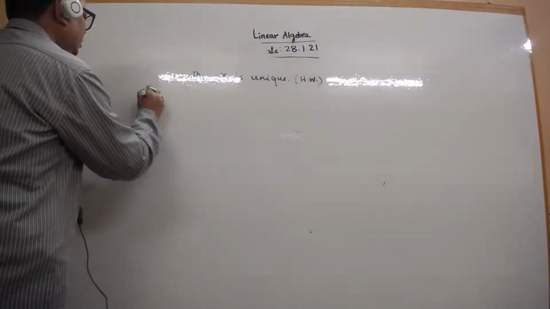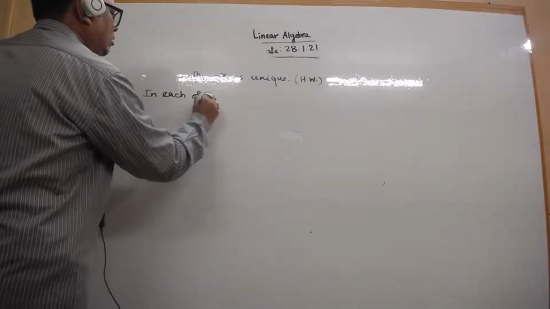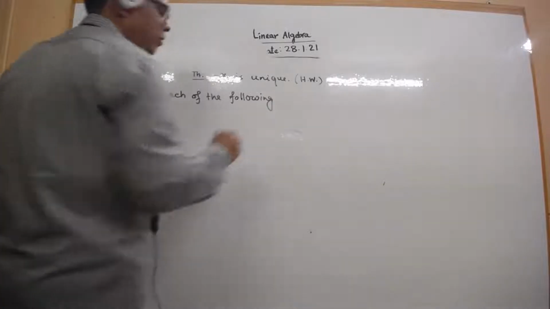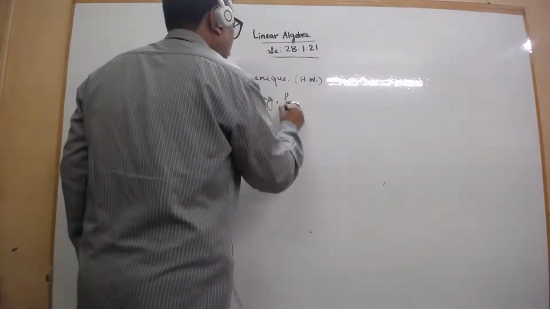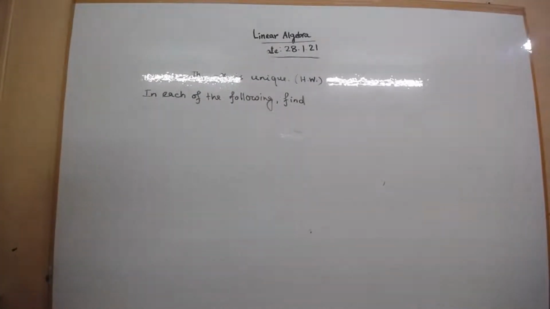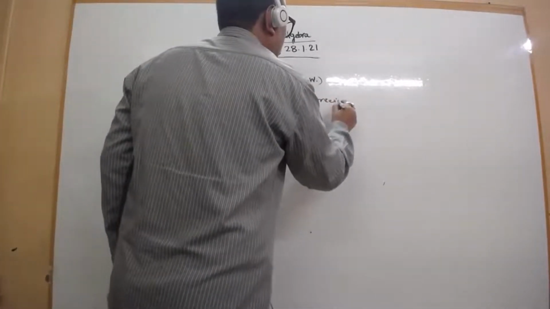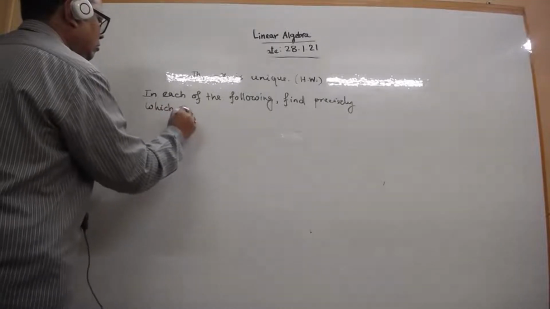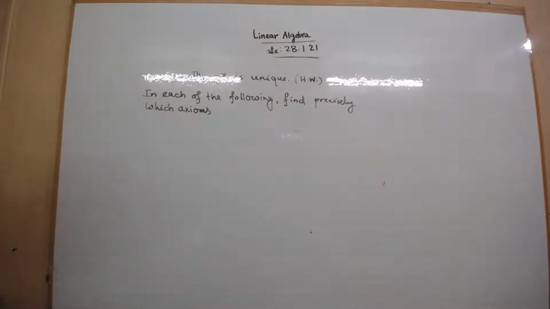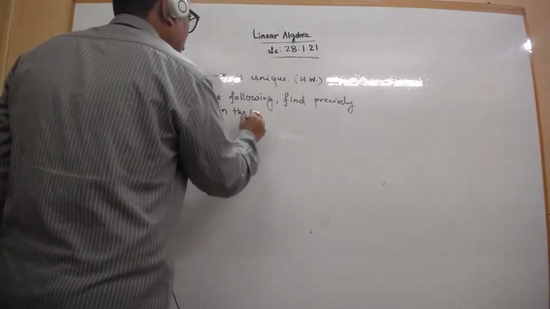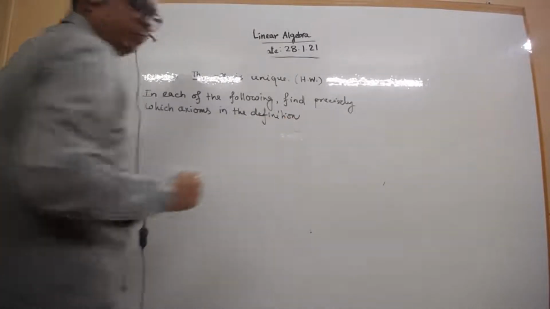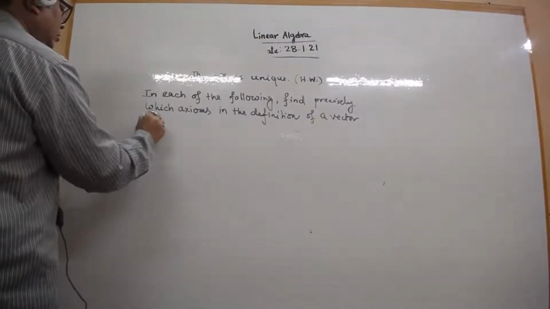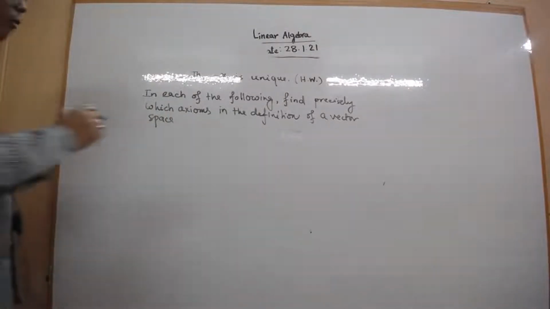In each of the following, find precisely which axioms in the definition of a vector space are violated.